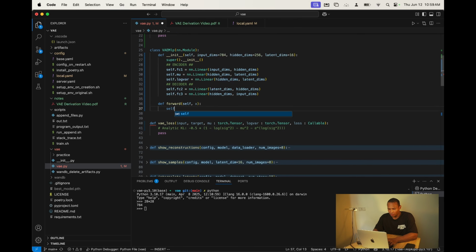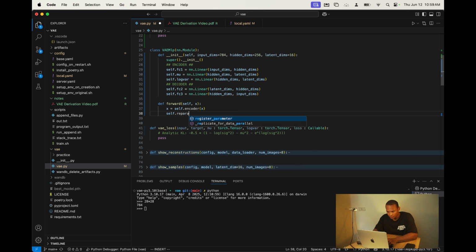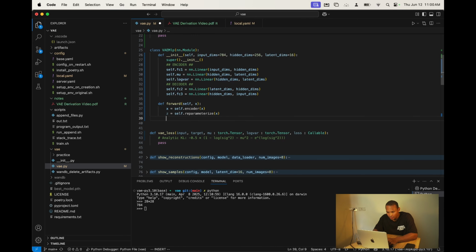I'm going to put some placeholders here. So self.encoder(x) gives us mu and log variance, then reparameterize gives us z, and then x hat equals the decoder output.